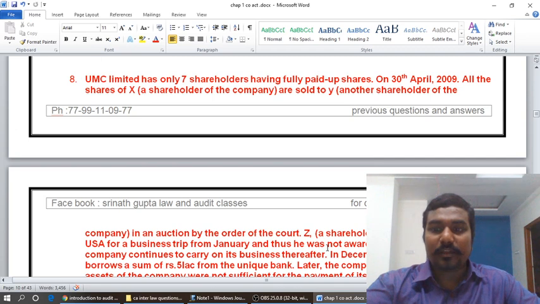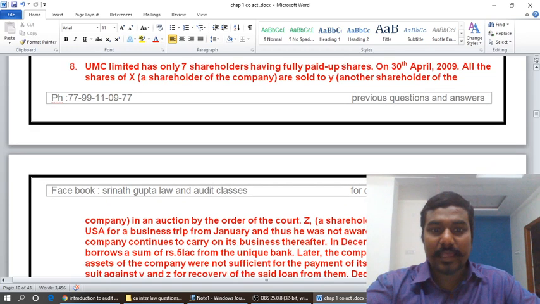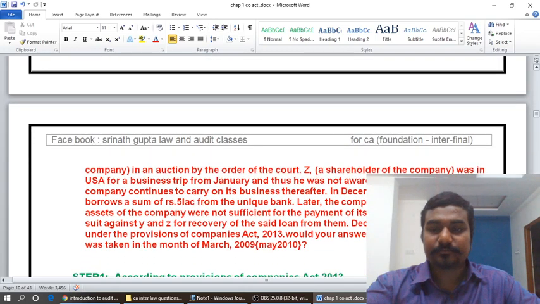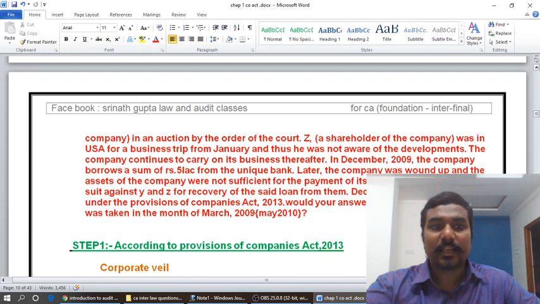Z, a shareholder, was on a USA trip from January, thus he was not aware of developments. The company continues to carry on its business thereafter. In December 2009, the company borrows a sum of 5 lakhs from Unique Bank. Later, the company was wound up and the assets of the company were not sufficient for the payment of the liabilities. The bank filed a suit against Y and Z for recovery of the said loan.